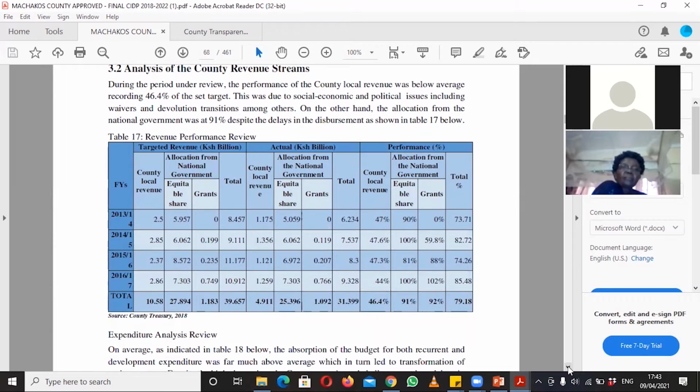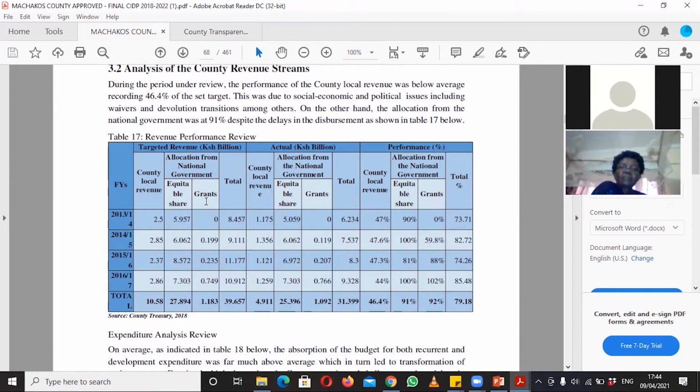And then there's allocation from national government through equitable share and through grants. The equitable share refers to the one that the Commission on Revenue Allocation proposed the formula for, and then the Senate approves it. That shows the division of revenue per county based on that formula.